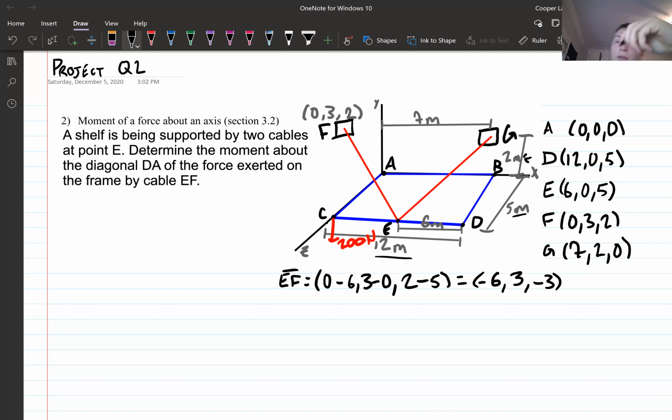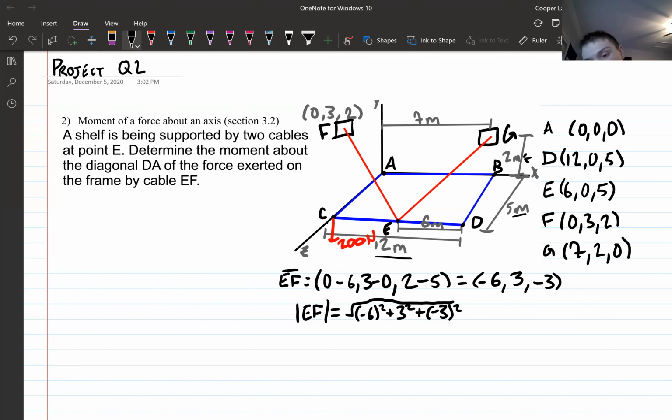So now I'm going to calculate out the magnitude of EF. That's what I meant. Magnitude of EF equals the square root of negative 6 squared plus 3 squared plus negative 3 squared.